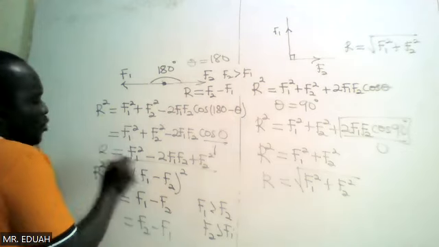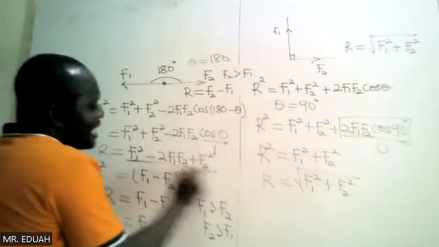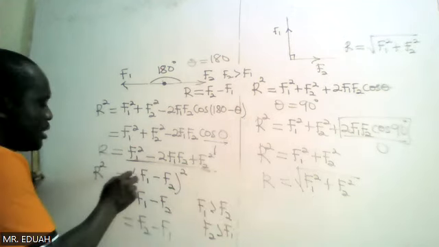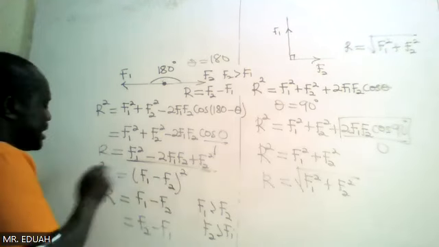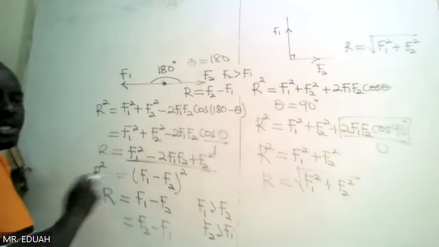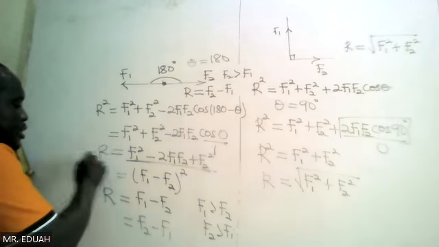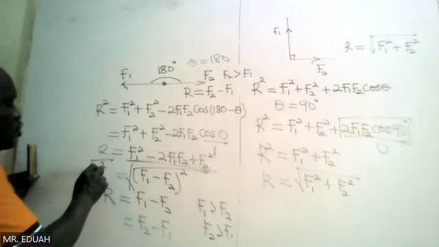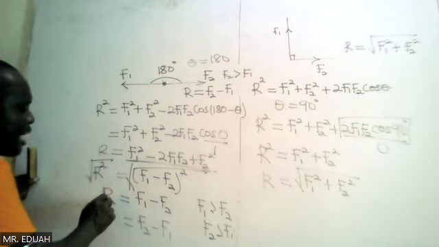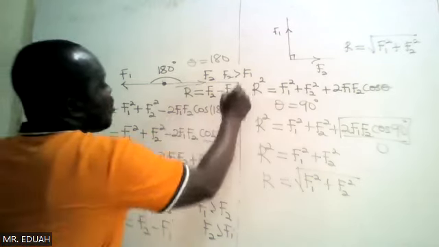So R squared will be equal to what I've underlined here, which is (F1 minus F2) all squared. Now if I want R, I have to take the square root of both sides of the equation, and the power 2 is eliminated. So R is equal to F1 minus F2, which is the same as what we saw earlier.